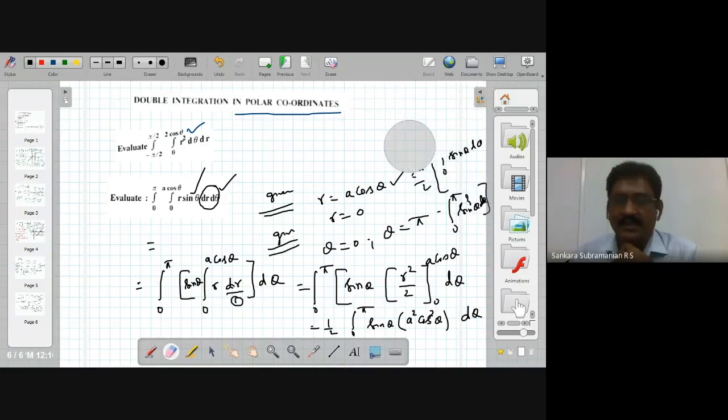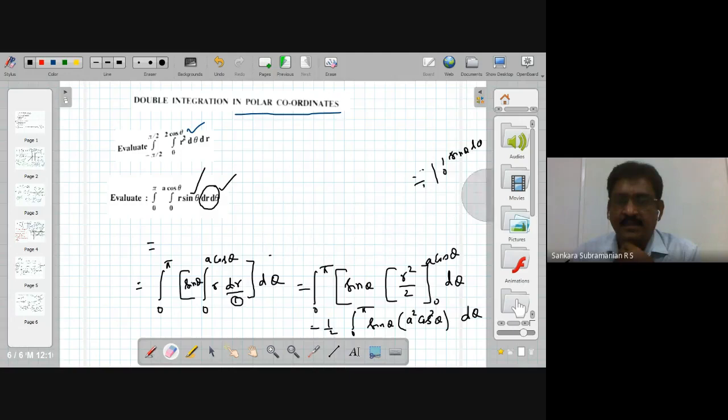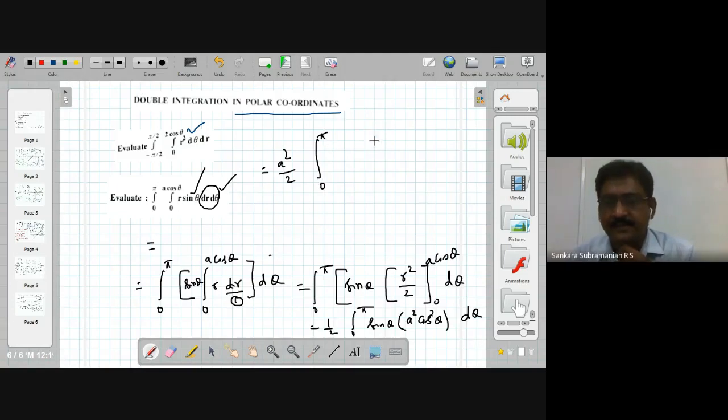வேண்டாம். So this is can be done like this. So we have a square by 2 integral 0 to pi, right? Okay, this is we have udv, right?